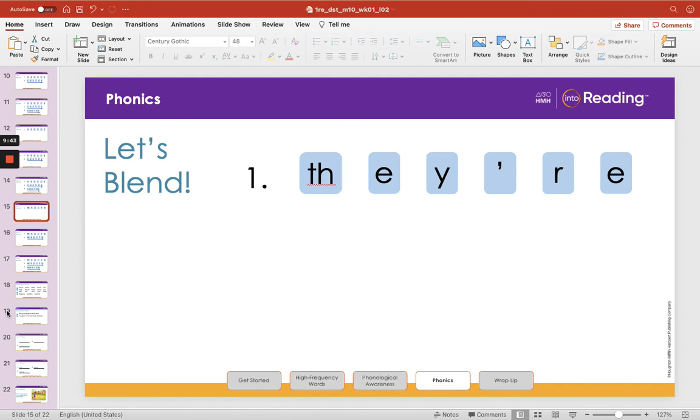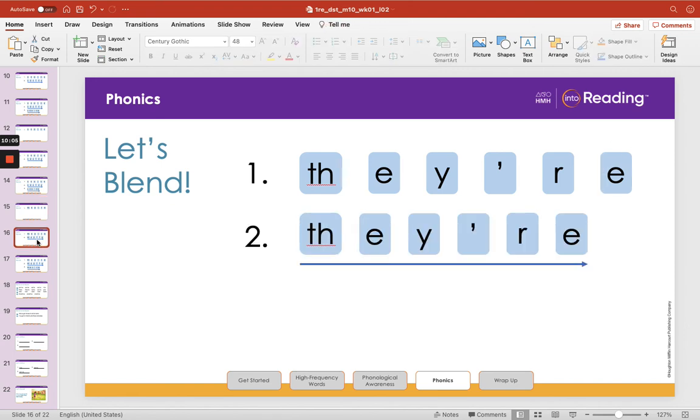And then, so we'll do one more together. Look at my line 1. I want you to say the letters and the sounds with me. T-H, th. E, Y, yeah. R, and the E is silent. So let's slowly blend the sounds to read the word.